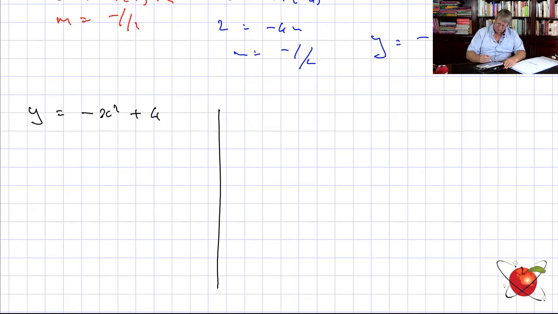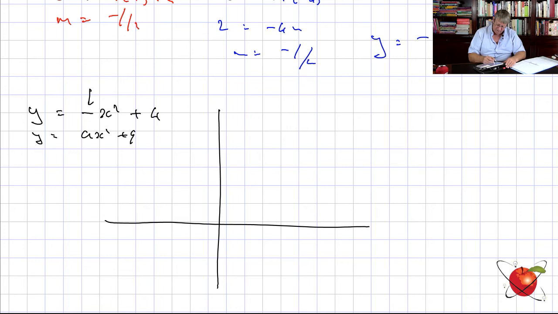Let's draw that graph. Obviously, it's upside down, negative, because my standard form is ax squared, a is minus, so it's a sad face. Upside down, and it cuts at 4, and if you work it out, these come to plus 2, minus 2.